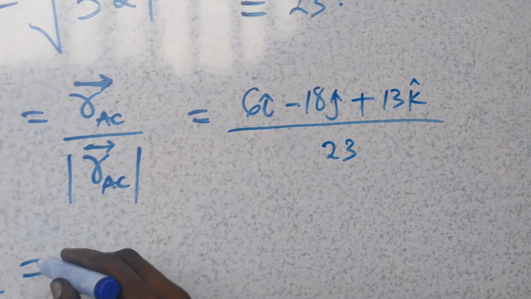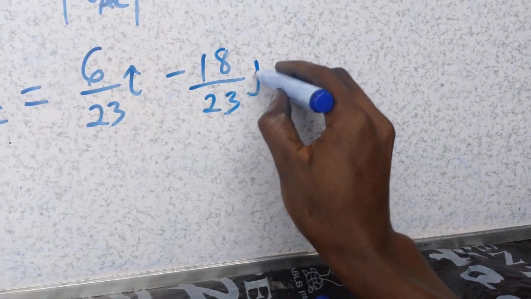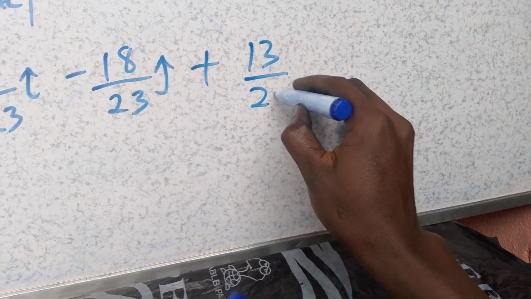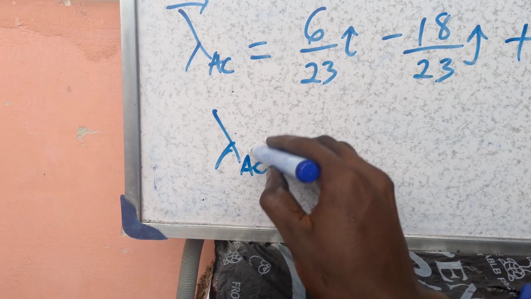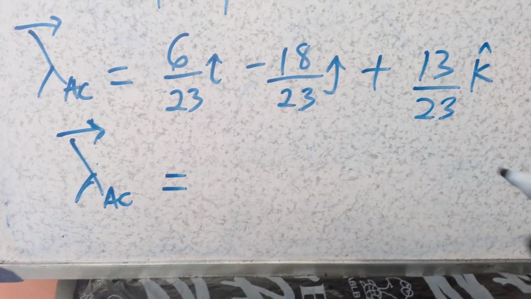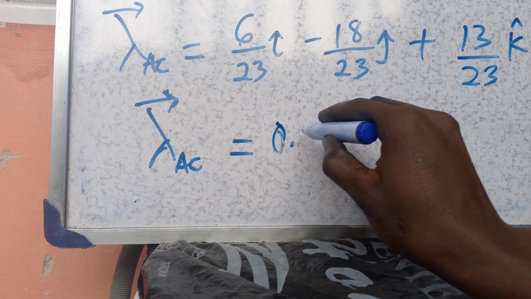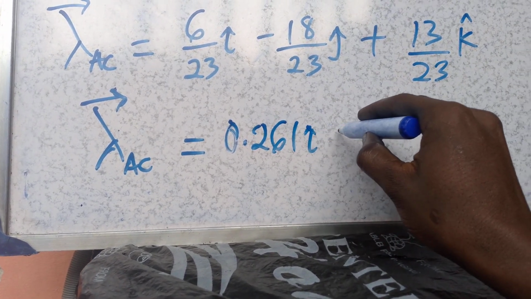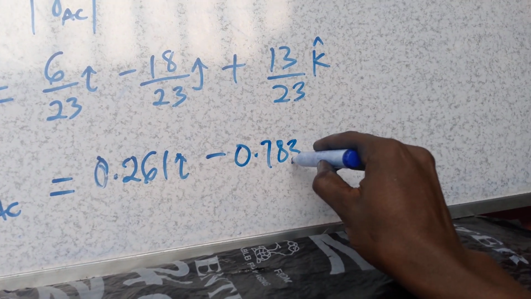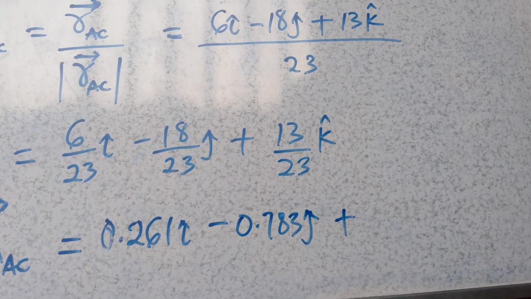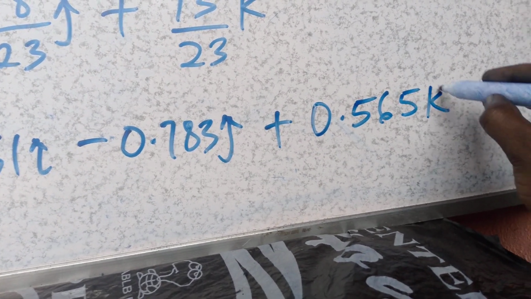is equal to, if I separate them now, 6 divided by 23 I minus 18 divided by 23 J plus 13 divided by 23 K. If I divide this now, I have lambda AC equals 6 divided by 23, which gives me 0.261I, minus 18 divided by 23, which gives me 0.783J, plus the other one, which gives me 0.565K.